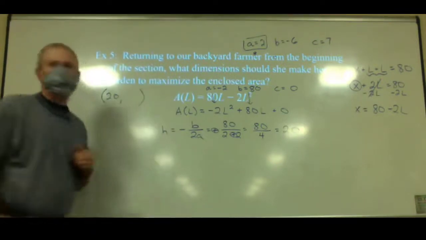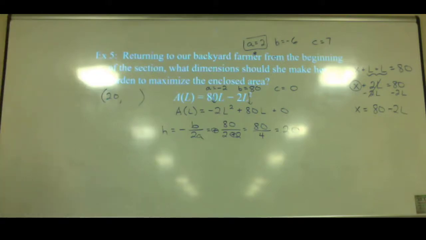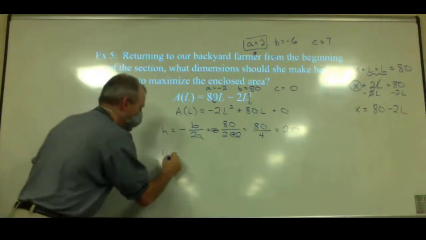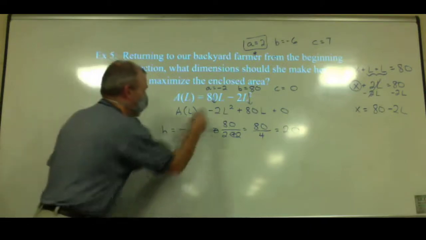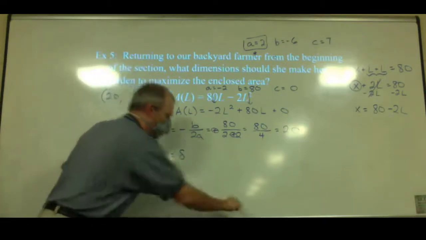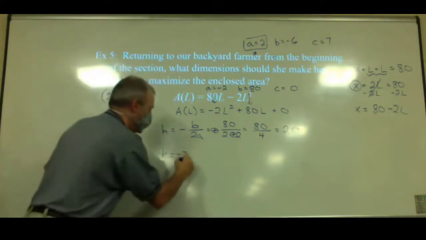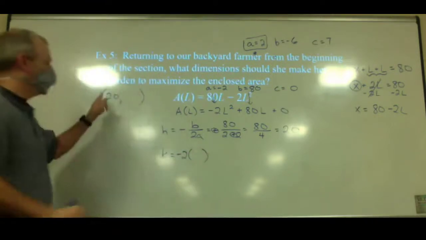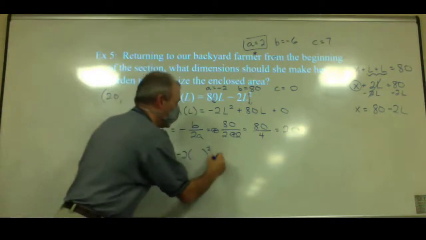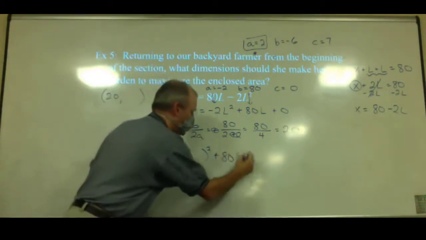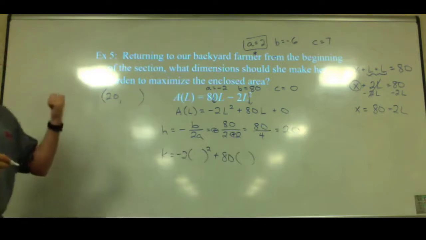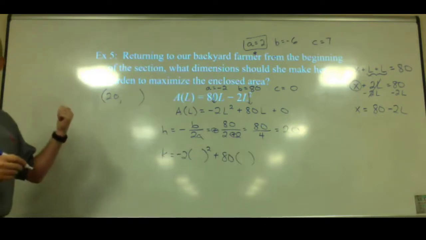Now, once we know that that is 20, what do we do to find the k value, or the other value? We plug it back in. That's right. So k is going to be, well, I guess we rearranged it, -2 times L squared plus 80 times L. And what are we putting in for the L? 20.